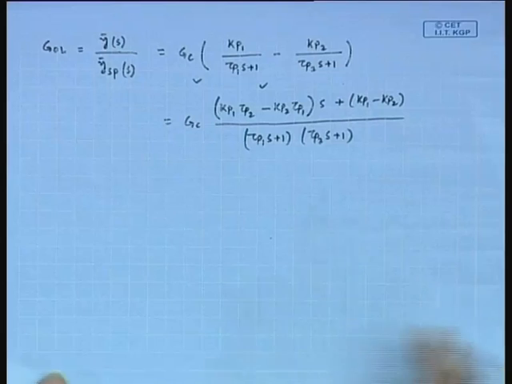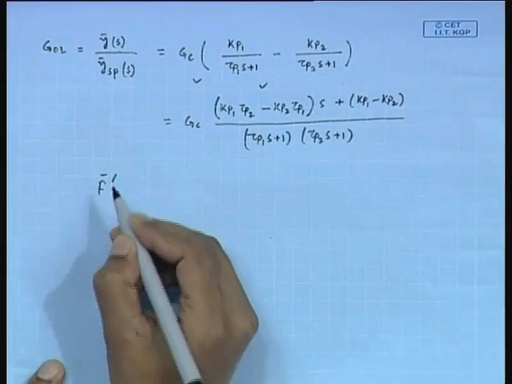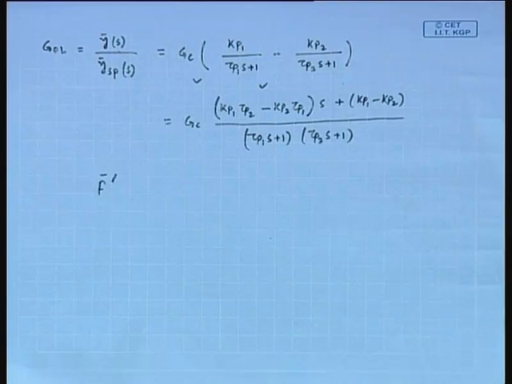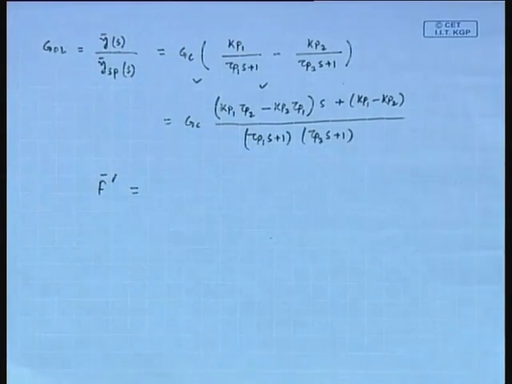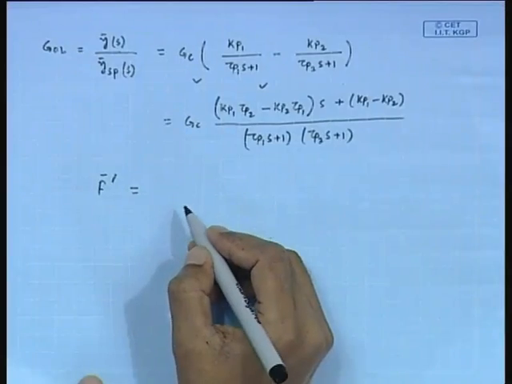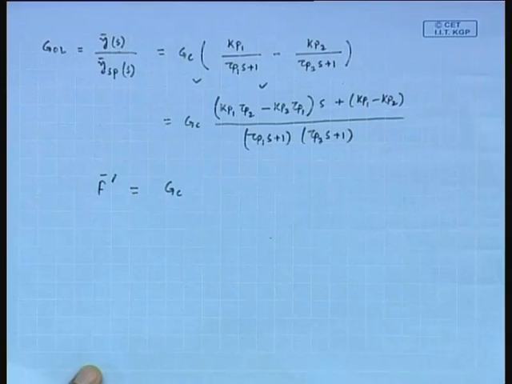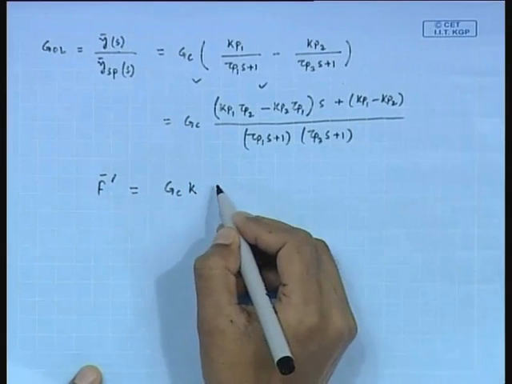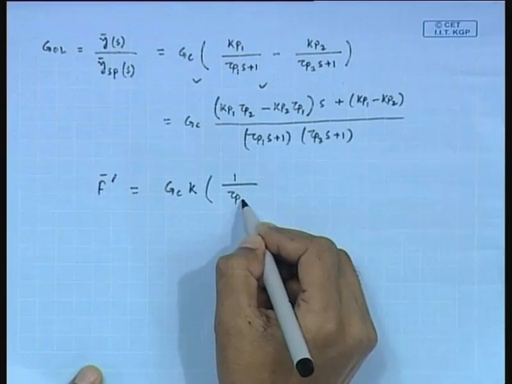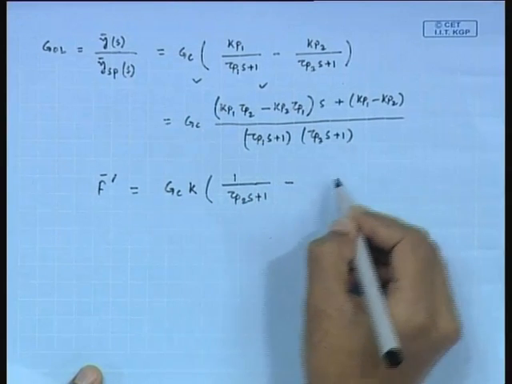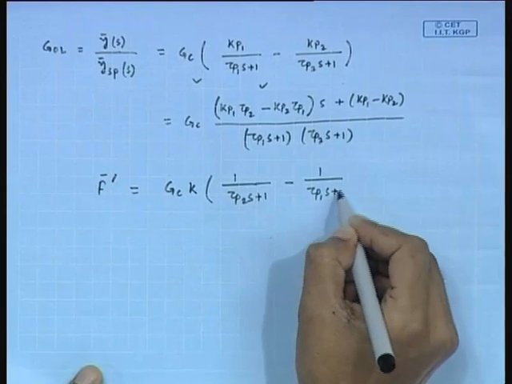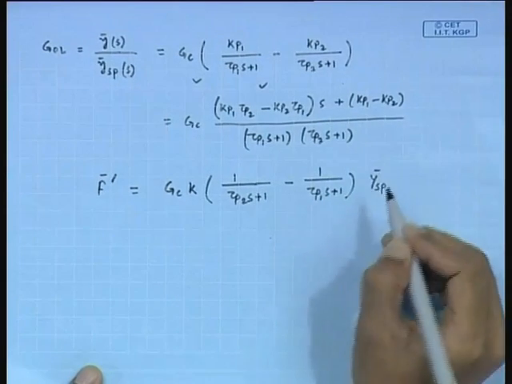Now, as we determined f prime for dead time compensator, similarly here also we need to find the expression for f prime. f prime is nothing but the output of the compensator, and this is written as Gc times K1 divided by tau p2 s plus 1 minus 1 divided by tau p1 s plus 1 times y set point bar.